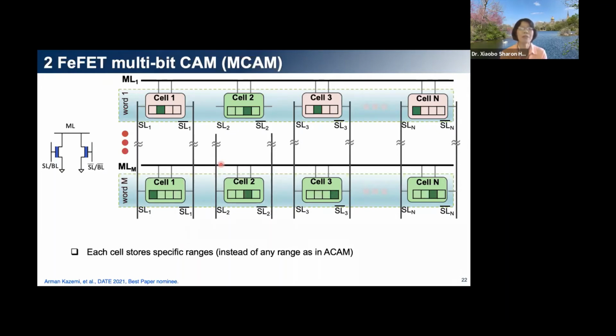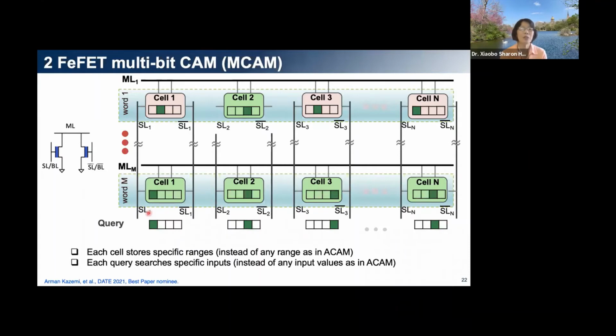So in the MultiBit CAM, again, in the cells we store distinctive states. Okay, so in this example, I showed 4 states. So basically it's a 2-bit MCAM. Then the query also comes in as a voltage within a particular range. Here the query also takes on one of the 4 state values. Then we do the matching in parallel.